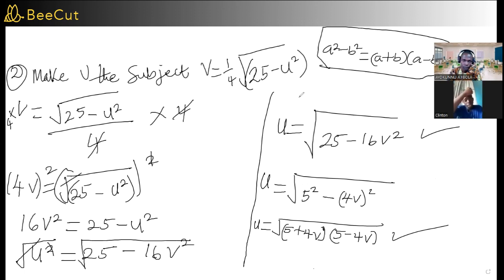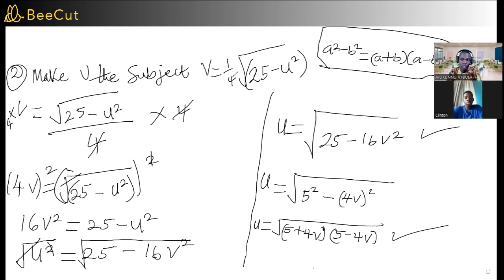So that means anytime you want to find the subject of the formula, letter or whatever is given, you have to look for the farthest thing from that thing you are trying to make stand alone. That's where you start removing from. By the word removing, I don't mean you should just remove it.